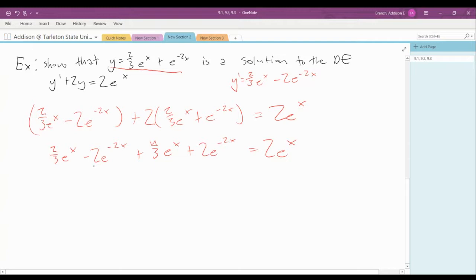We have a negative 2e to the negative 2x and a positive 2e to the negative 2x, so those cancel out. Then we have 2/3 and 4/3 e to the x, so if we add those together we get 6/3, which goes to 2e to the x equals 2e to the x. Therefore, we have verified that y equals 2/3 e to the x plus e to the negative 2x is a solution.